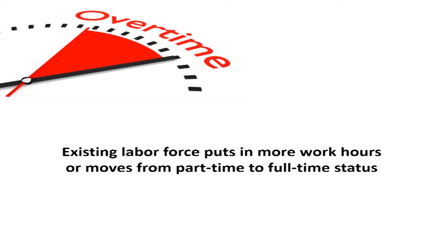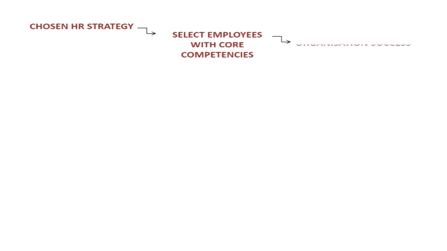Another consideration while choosing the options for dealing with shortages or surpluses is the time involved and the human suffering. Another consideration in choosing an HR strategy is whether the employees needed will contribute directly to the organization's success.